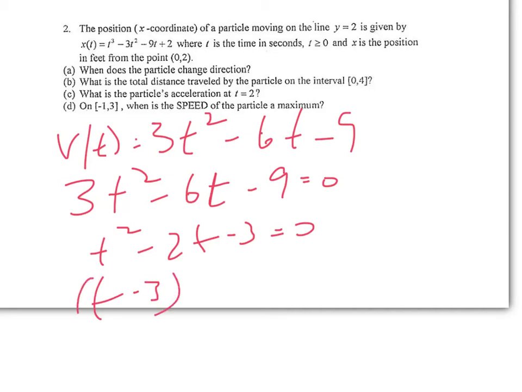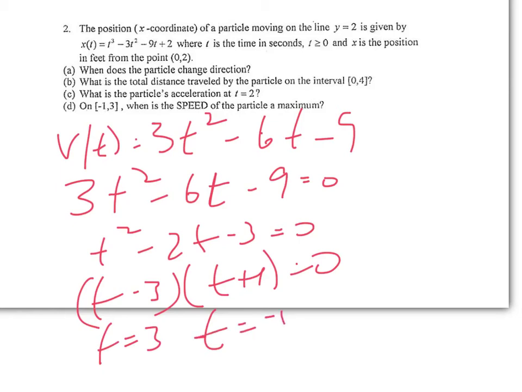Factoring that, t minus 3 times t plus 1 is equal to 0, so t is equal to 3 and t is equal to negative 1. The negative 1 value we can't have because that's less than 0. So we know that at t is equal to 3, when we look at our velocity line at 3, here's 0. Again, this is going to be negative. That's going to be positive when we plug values in. So therefore, we know it changes direction at 3.